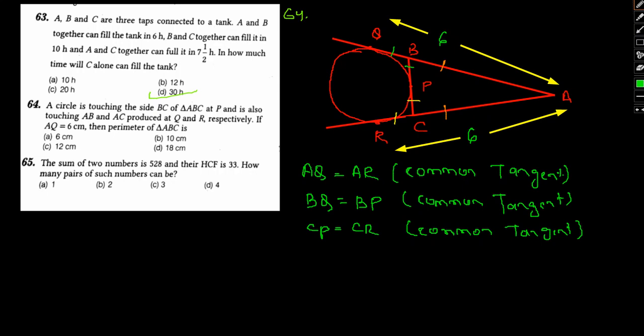Okay, so therefore it's given that AQ equal to AR. So AQ equal to 6. So AQ can be written as AB plus BQ equal to AC plus CR.